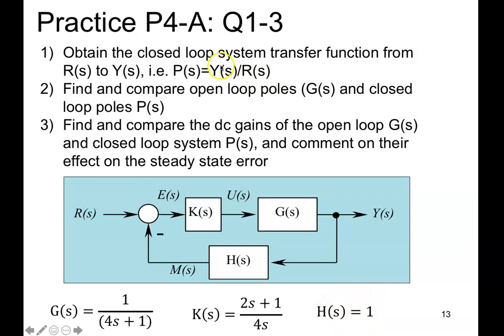I want you to find the transfer function between Y and R, that's overall output Y, the overall input R. And then I want you to compare the open loop pole with closed loop pole, and also compare their DC gains as well, and make some observations about what these DC gains mean to the closed loop system, or to the response in steady state.